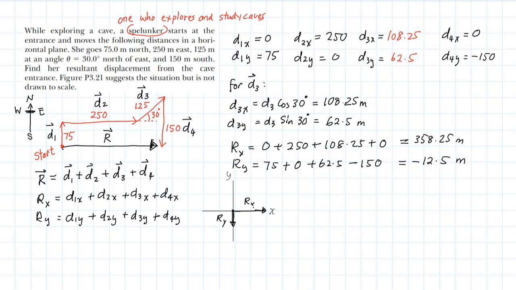So the component Rx is along the positive x-axis, and component Ry is along the negative y-axis. The resultant displacement is located below the x-axis with an angle theta here.